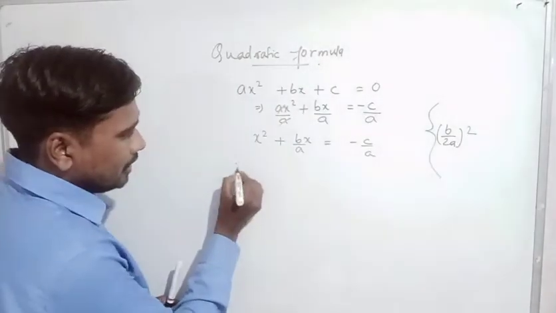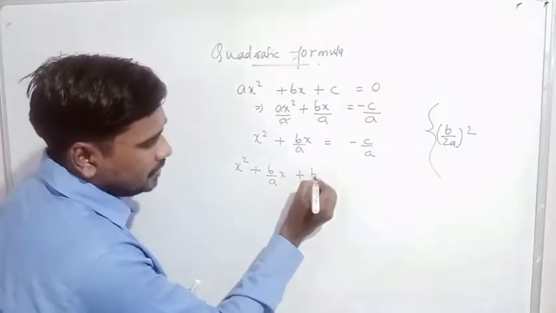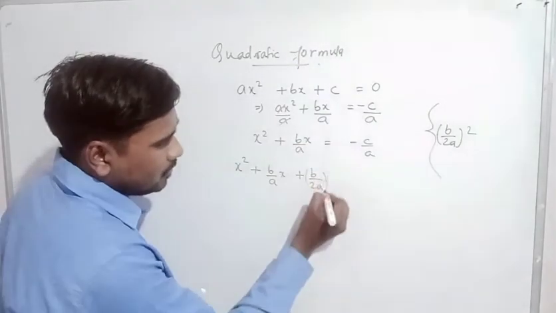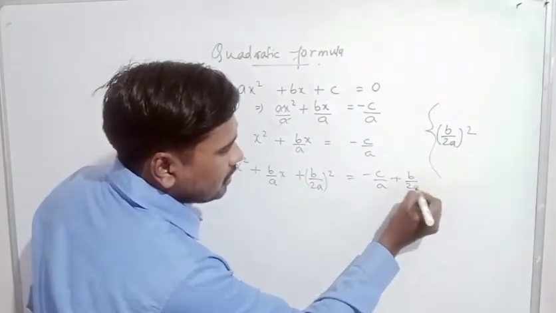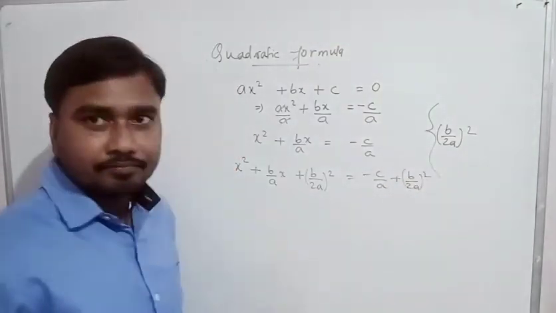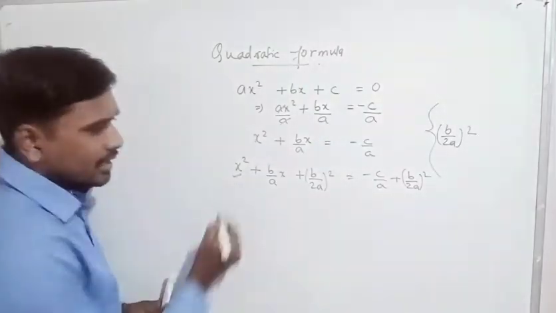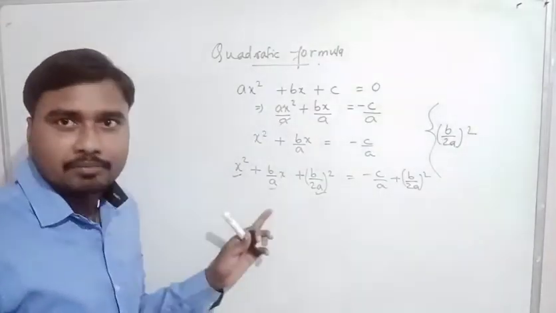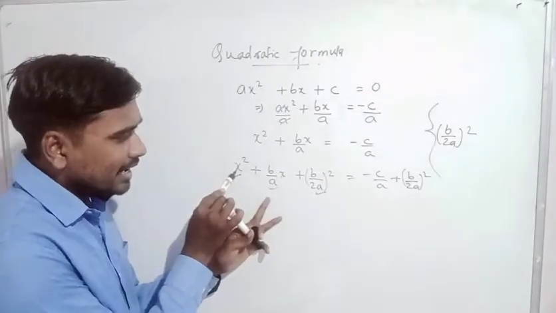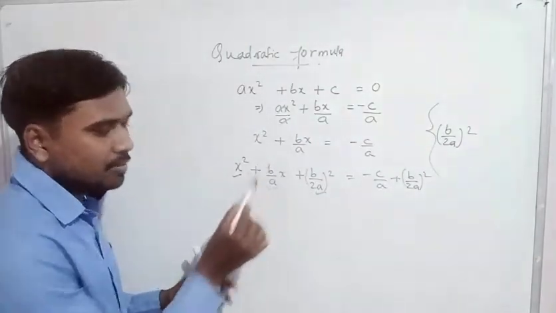So here b by 2a whole square, and here also b by 2a whole square. So it will be x square, this is b square by 4a square, and this part is 2 into x into b by 2a, the 2 cancels, so this is bx by a.